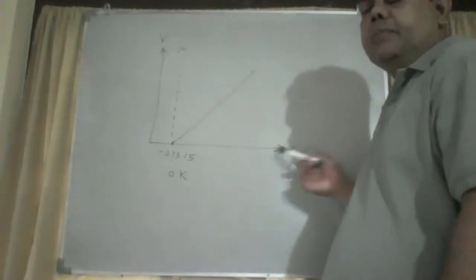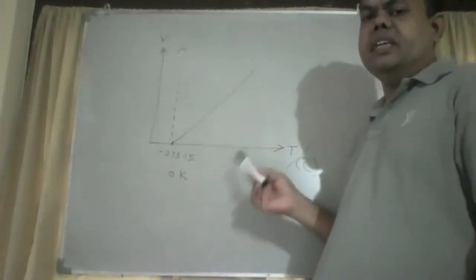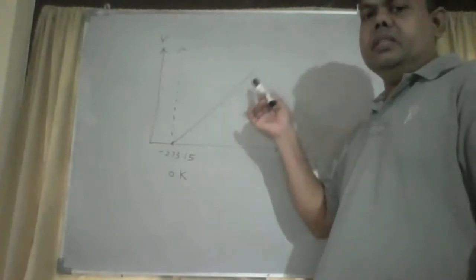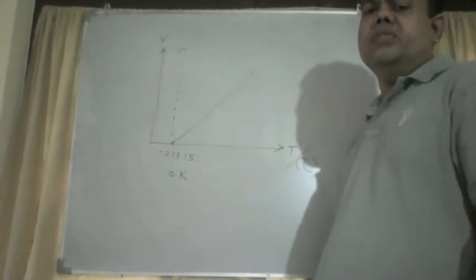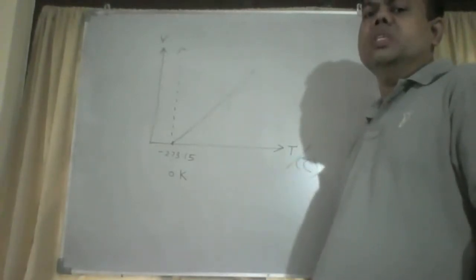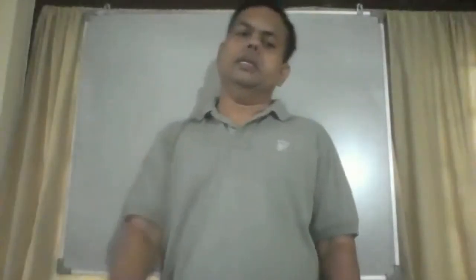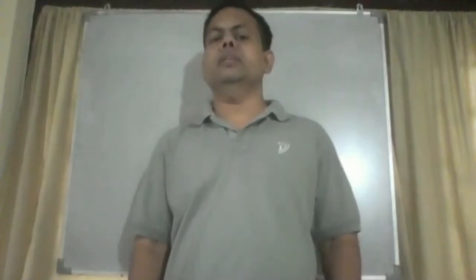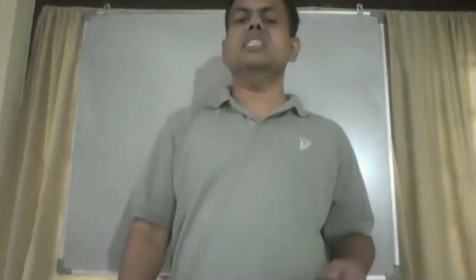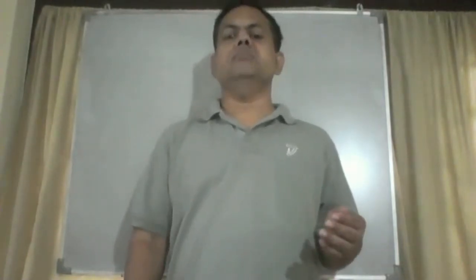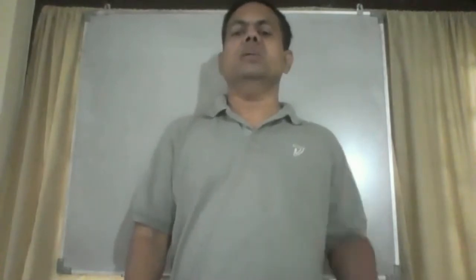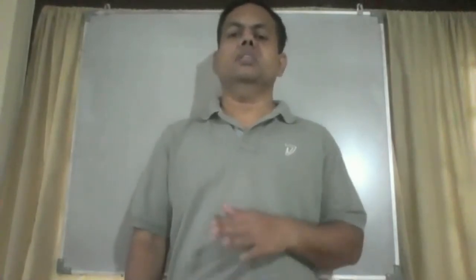Or if the temperature scale is in Kelvin, the graph will be a straight line through origin. Here comes the experiment: investigation of relationship between volume and temperature at constant pressure.